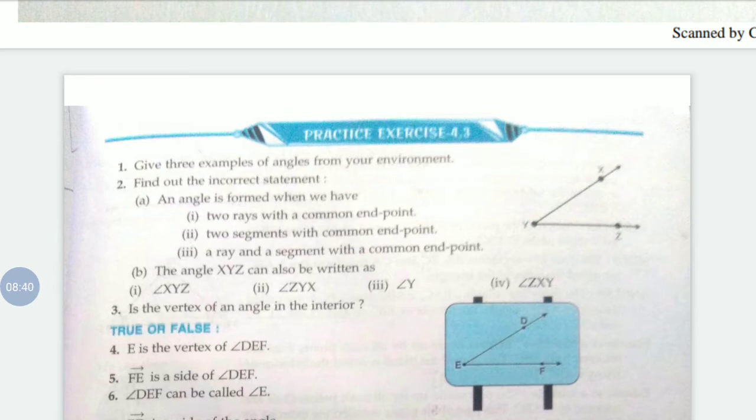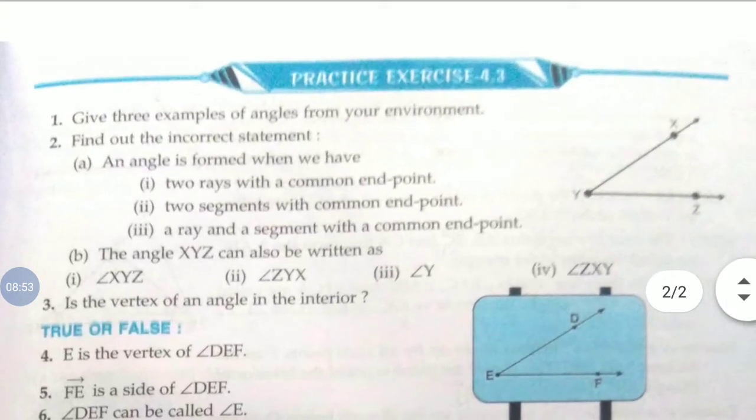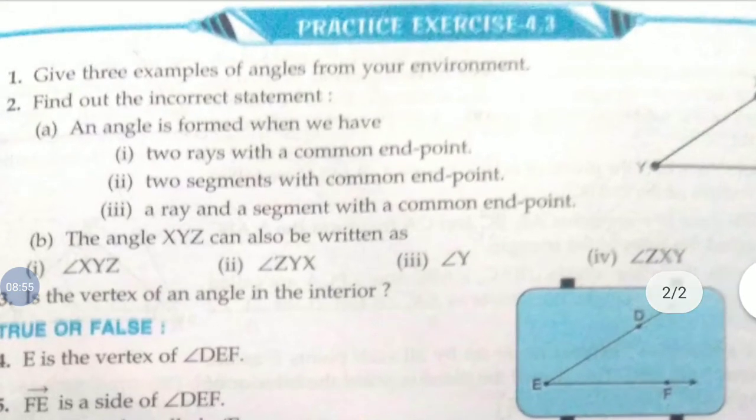Then the next question, find out the incorrect statement. They have given a figure and we have to find out the incorrect statement. First statement: an angle is formed when two rays have a common end point.